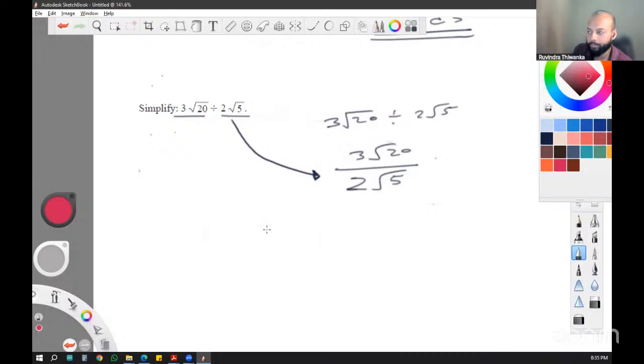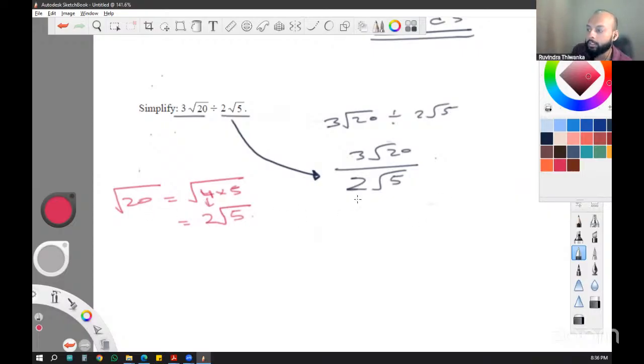Take 20. You know, 20 can be written as square root 4 times 5. That means square root 4 comes out as 2, leaving square root 5.